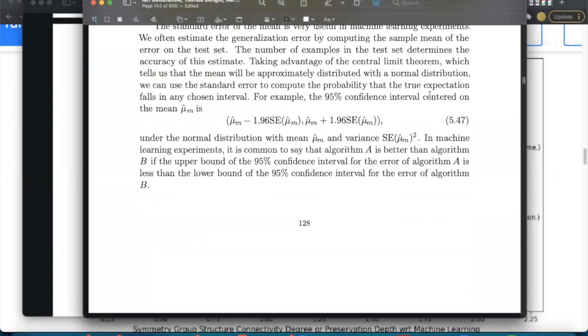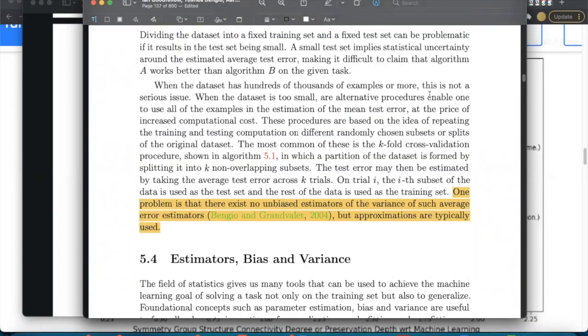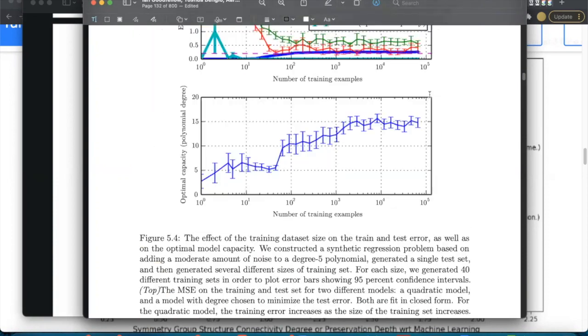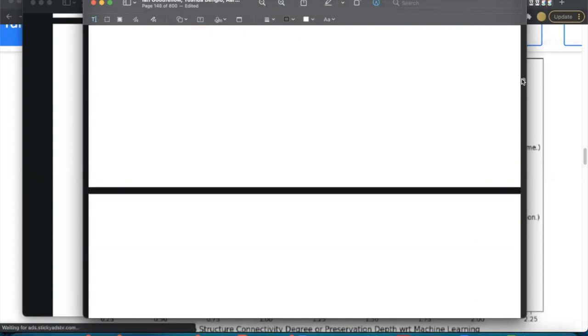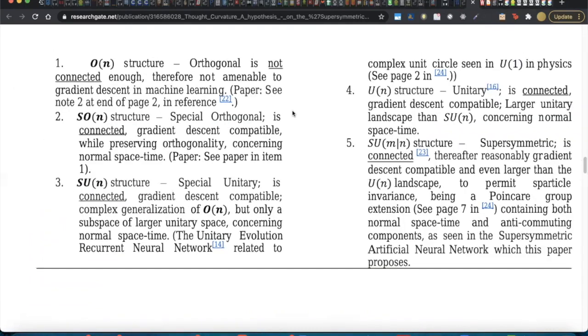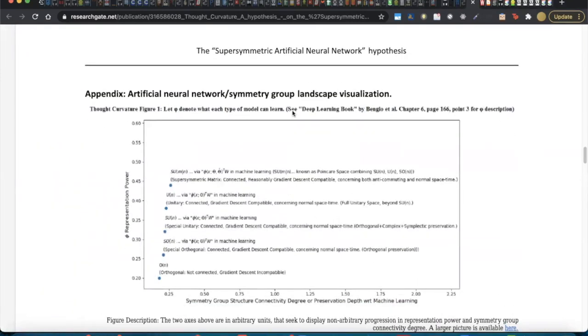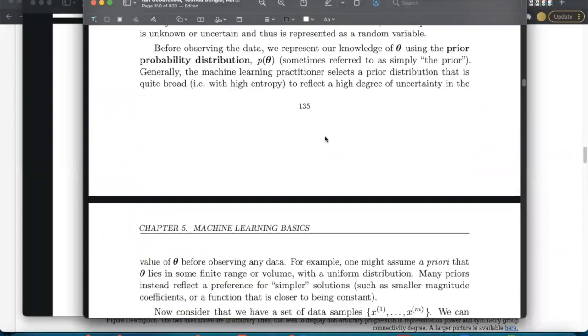Let us look on the diagram again. I think I pointed out the exact location, because I'm not remembering it now. It was 0.3 somewhere, on the top of the diagram, I think. Chapter 6, page 166. Oh, I see. Page 166.